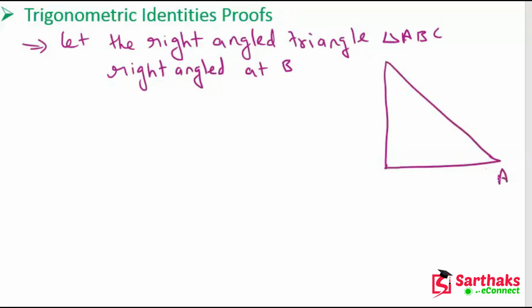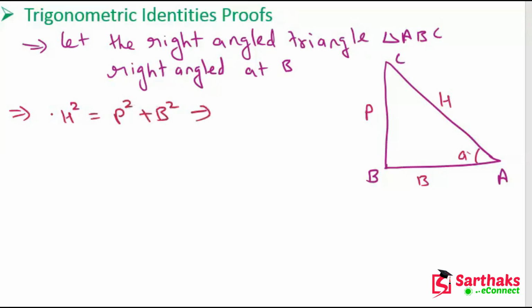This is A, this is B, and this is C, and we know that this is the hypotenuse. If we are taking angle A as this, this is our base B, and this is our perpendicular P. Now we know that H square is equal to P square plus B square.